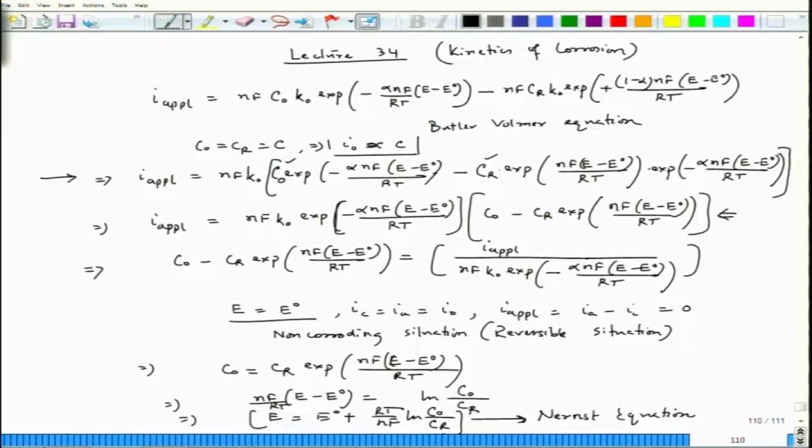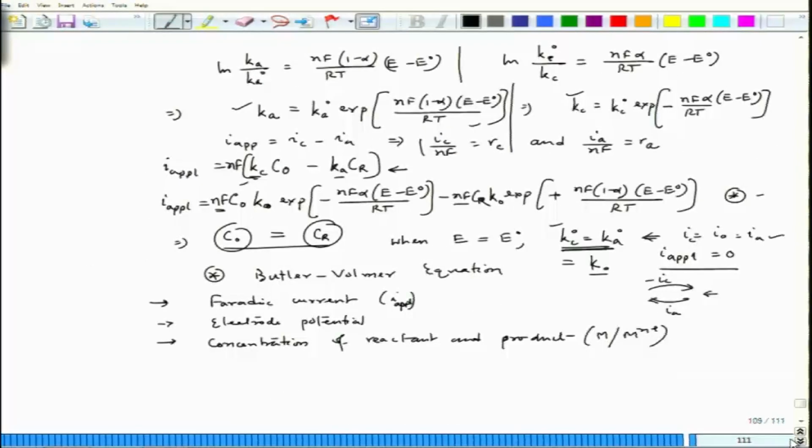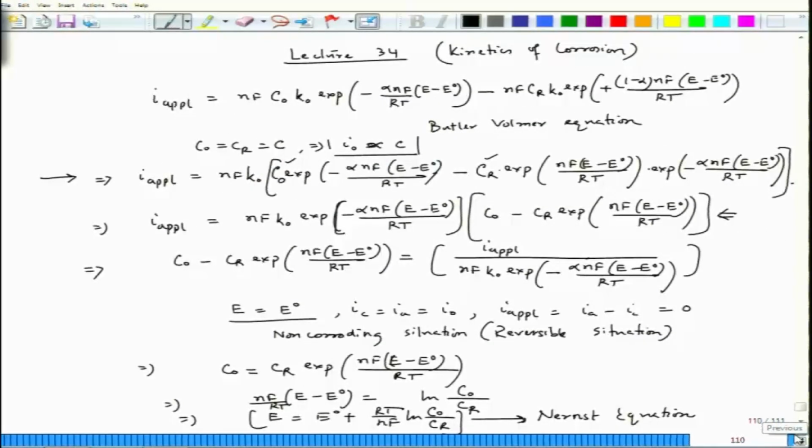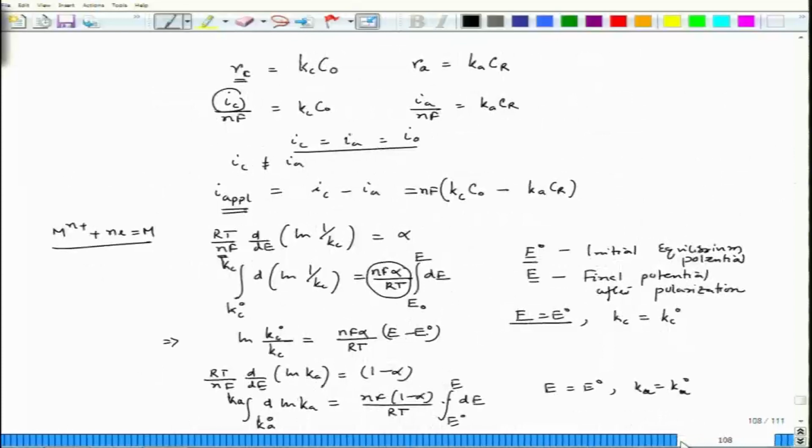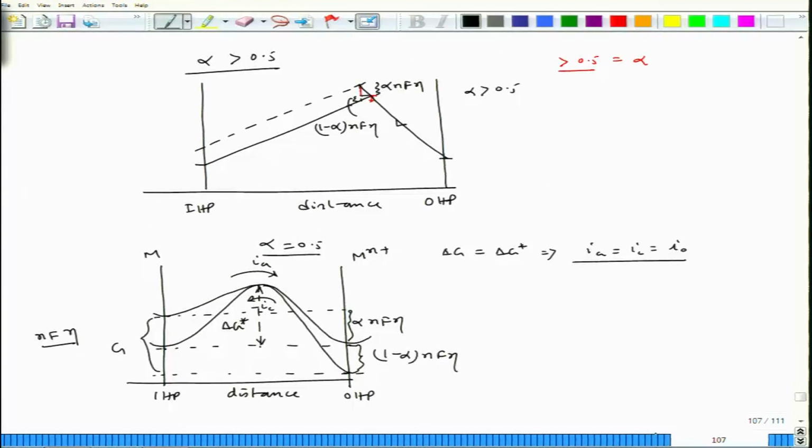Now, since the concentration and this particular equation in a simplified mode can be found out if we look at this situation, this diagram.